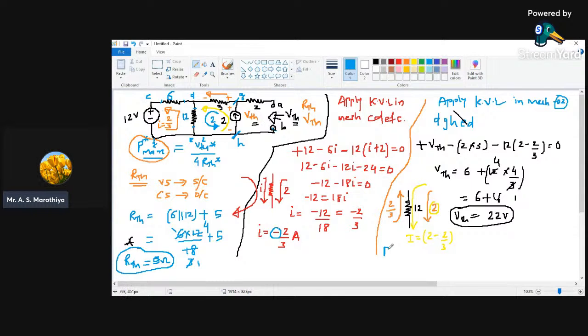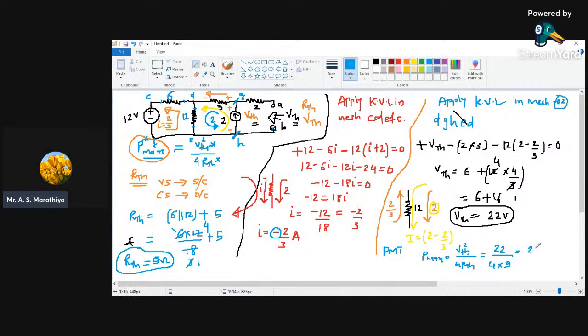According to the maximum power transfer theorem, the value of P max is going to be equal to VTH square divided by 4 RTH. Now what is VTH? It is 22 divided by 4 into RTH. RTH is nothing but 9.